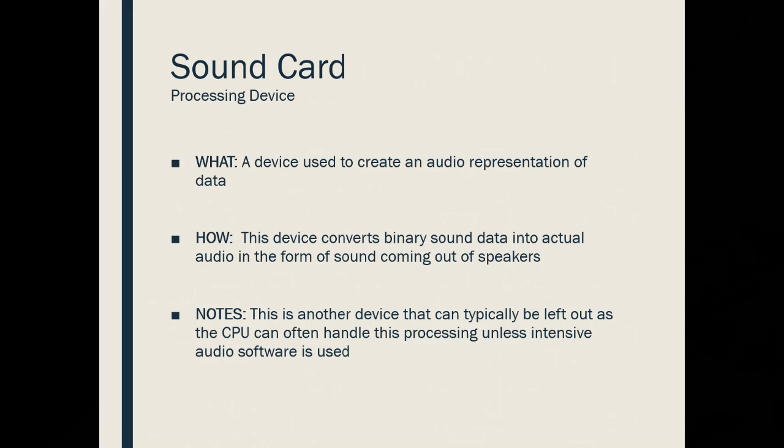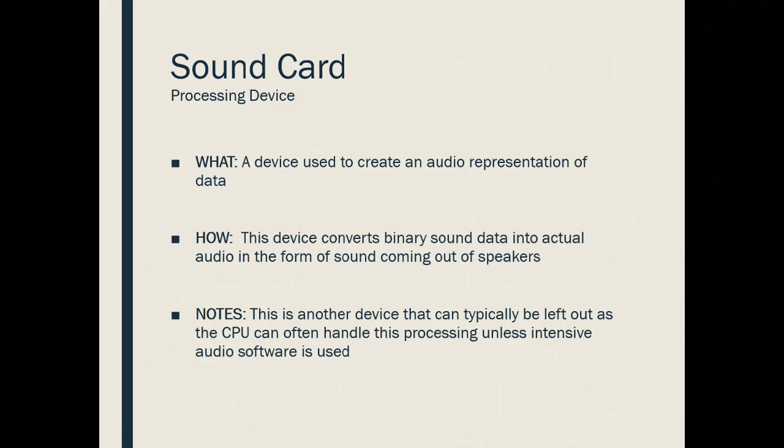It's the same thing as a graphics card, except for audio. So it does the exact same thing. It's used to create an audio representation of data. When it sees ones and zeros, it doesn't convert it to an image. It converts it to sound, frequencies, pitches, all these kinds of things. And the sound card, again, can go both directions.